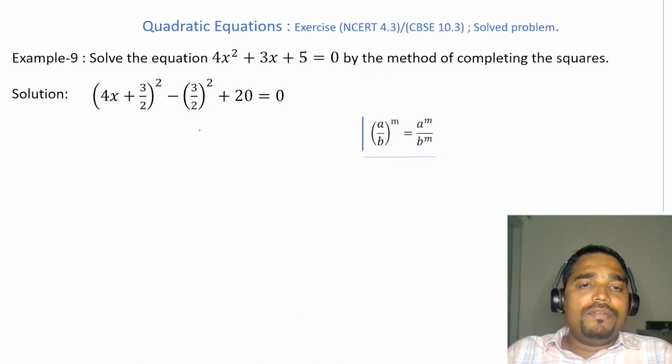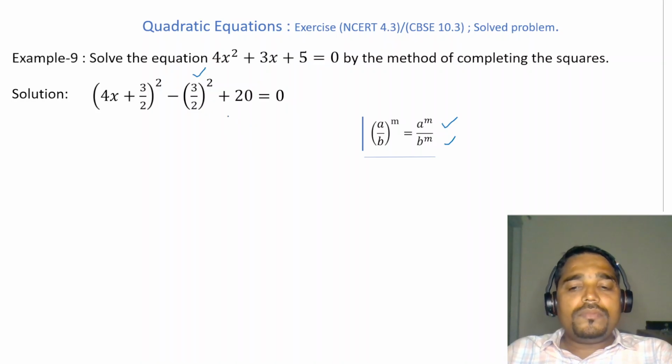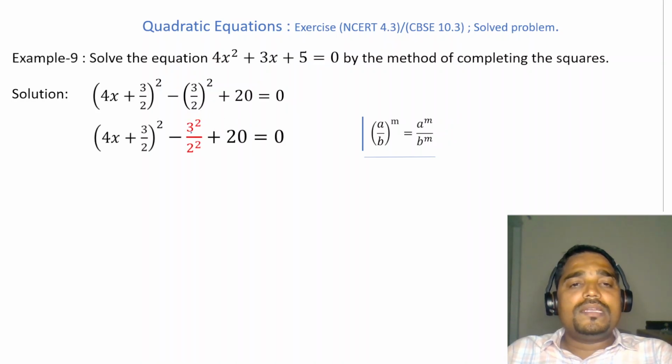Now in order to simplify these two terms, (3 by 2) whole square plus 20. (3 by 2) whole square is looking like (a by b) whole power m, which is equal to a power m by b power m. So in the next step, (3 by 2) whole square would become 3 square by 2 square plus 20, and (4x plus 3 by 2) whole square would remain as it is.